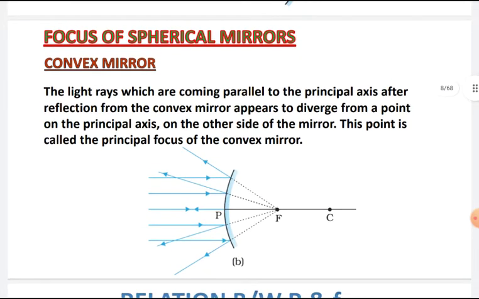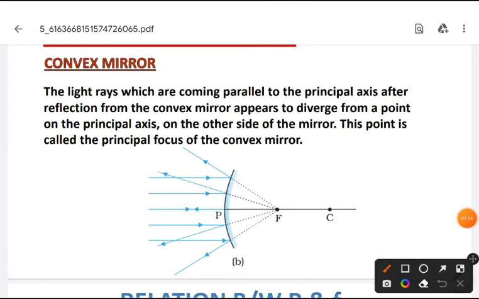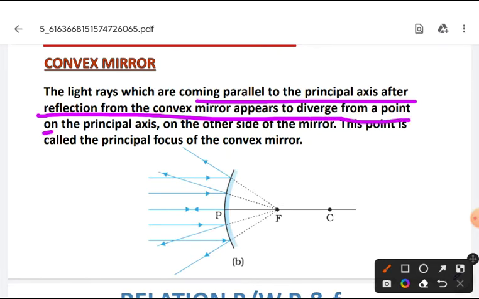Then convex mirror, light rays coming parallel to the principal axis, after reflection from a convex mirror, appear to diverge from a point on the principal axis on the other side of the mirror, and this point is called the principal focus of a convex mirror.